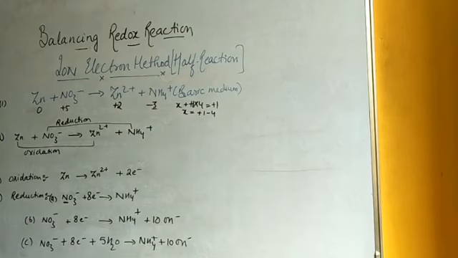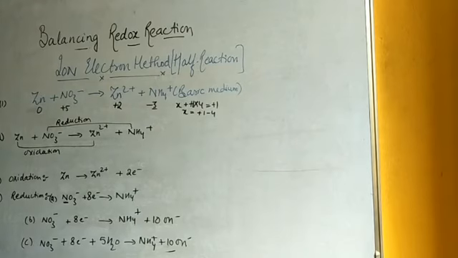Here it is NO3 negative, nitrogen 1, hydrogen is 3, 5 here, 5 plus 3, 8. But you can see that the oxygen and hydrogen are not getting balanced here. So a slight correction is required here, student.